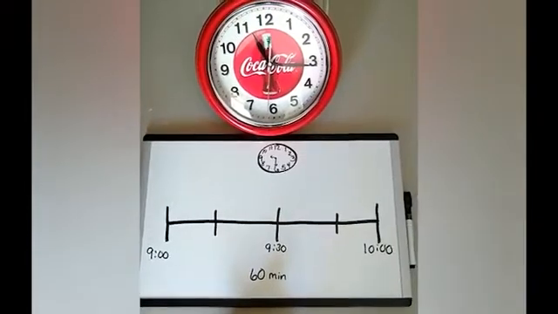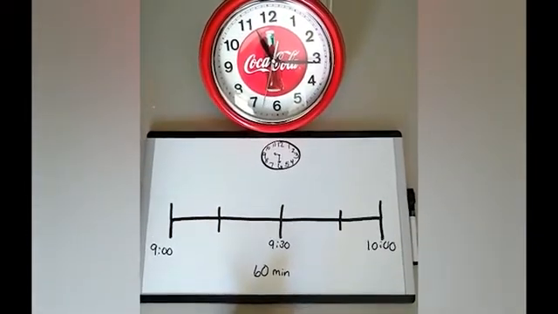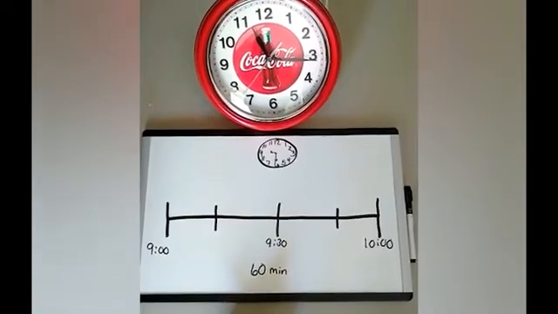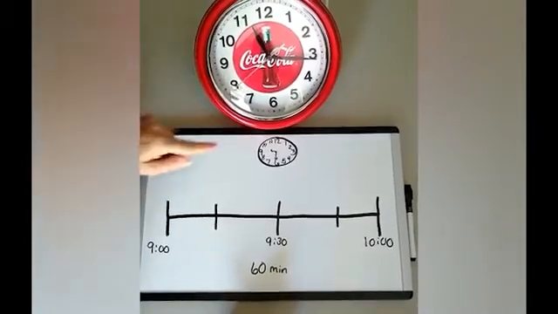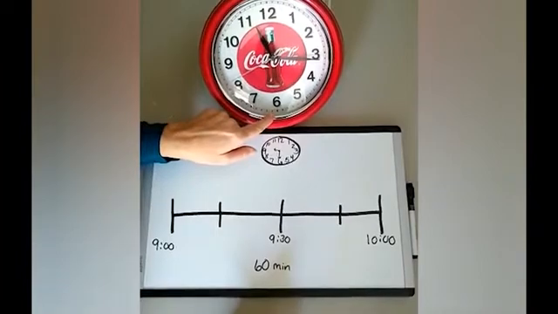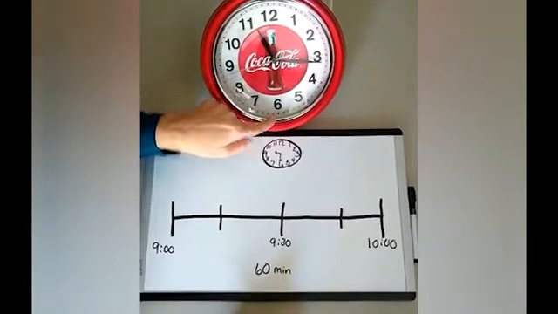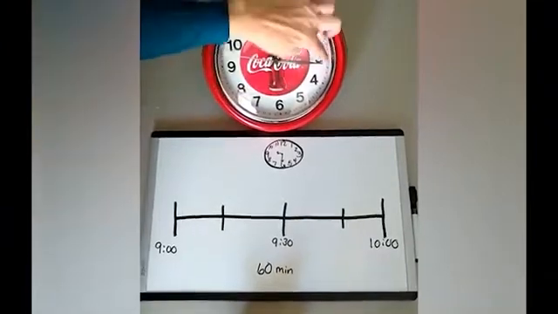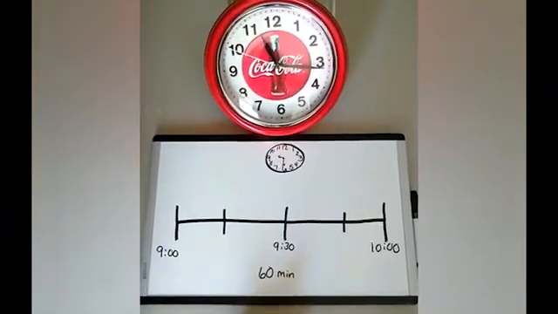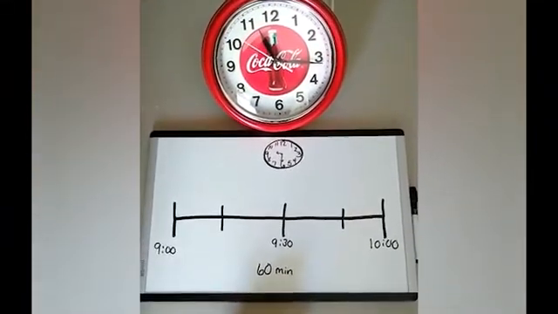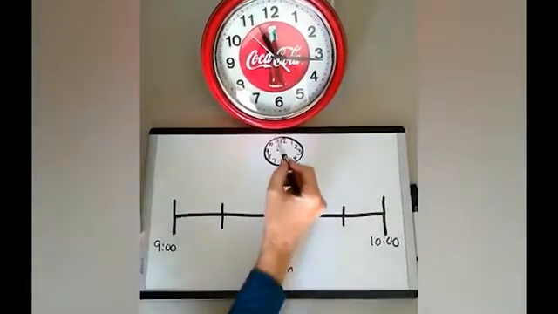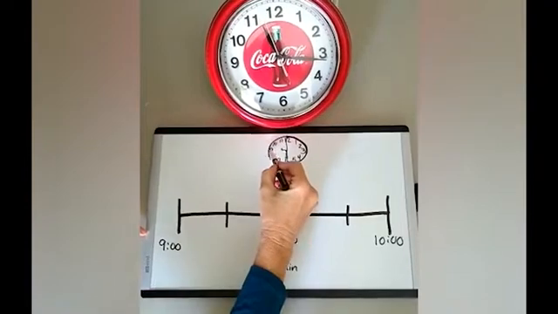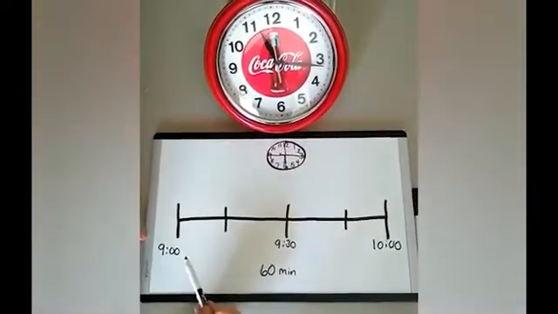What's half of 30? Well, maybe one way I could do that is look at my clock, and we said 30 is at the 6. So half of 30, of the 6, right there, is the 3. It's almost like I'm taking this clock and cutting it into 4 equal parts.